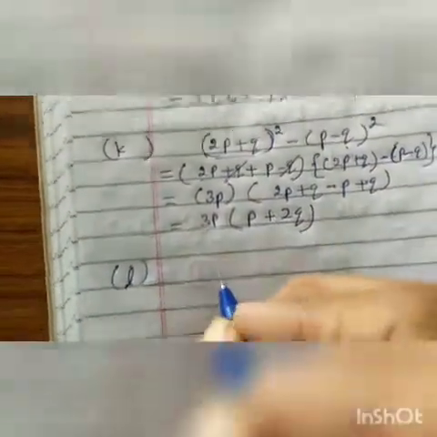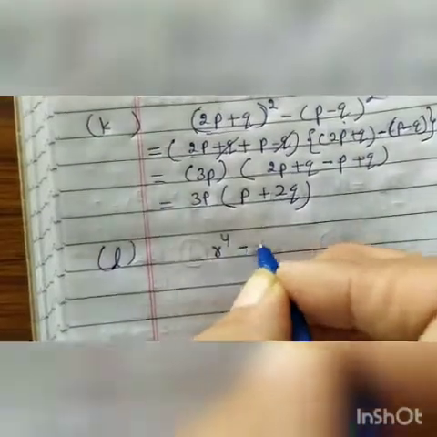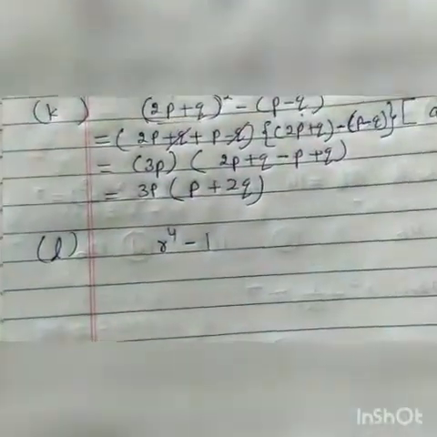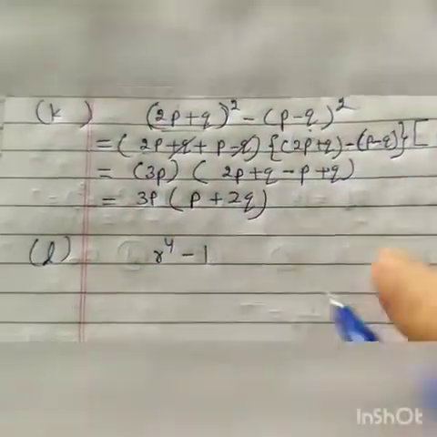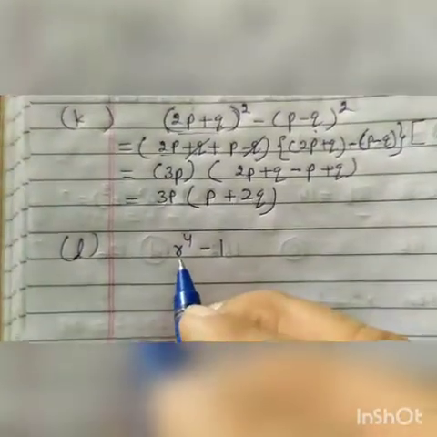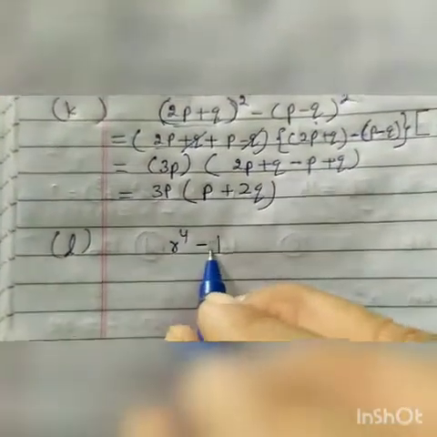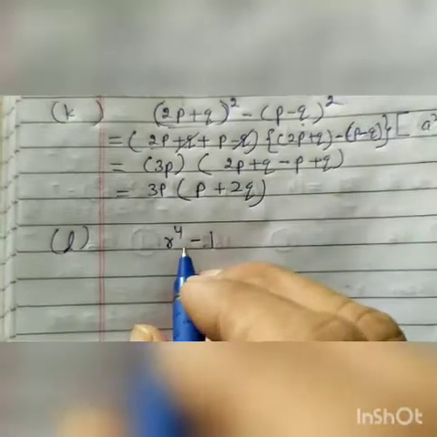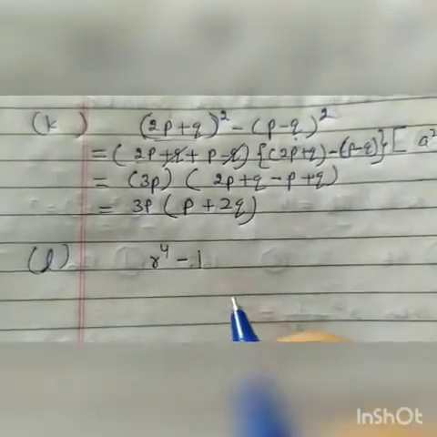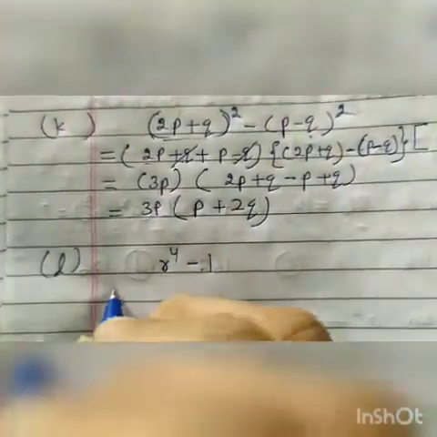Next, L. L is r power 4 minus 1. Students, pay more attention to understand this question. In this question, the same identity will be used 2 times. This is r power 4.